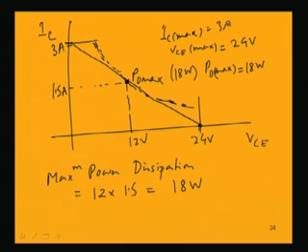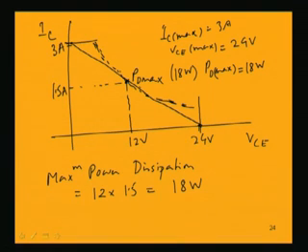Now, if we have lesser power dissipation, suppose it is somewhere away from this value, here or here it can be, this is the point where the maximum power dissipation is occurring for that particular power transistor.